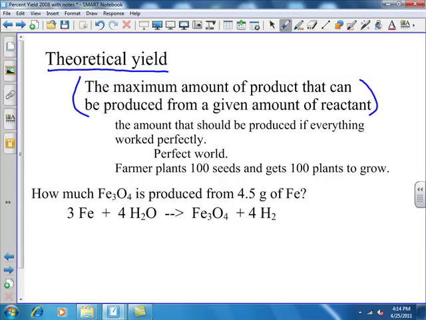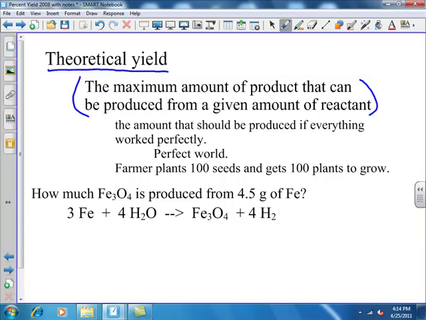It's the maximum amount of product that can be produced from a given amount of reactant. So it's basically a mass-to-mass stoichiometry problem, and it's theoretically what we really should get.